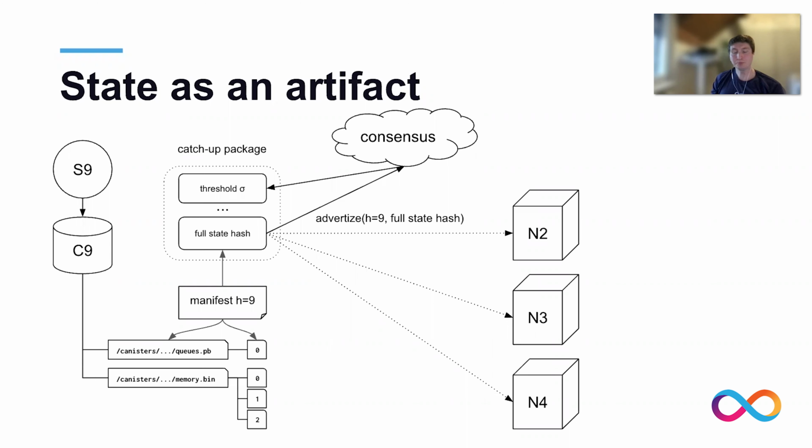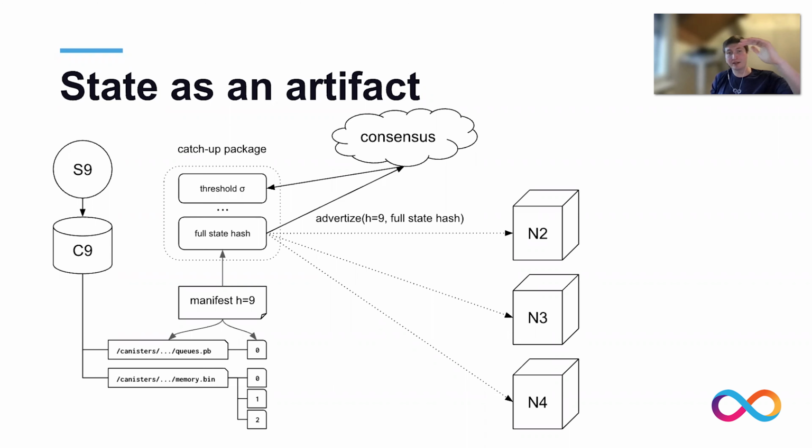The reason is that, let's say you want to catch up. You add a new node, and this node looks at the network and wants to get the latest state. How does the node figure out which state it should be using?